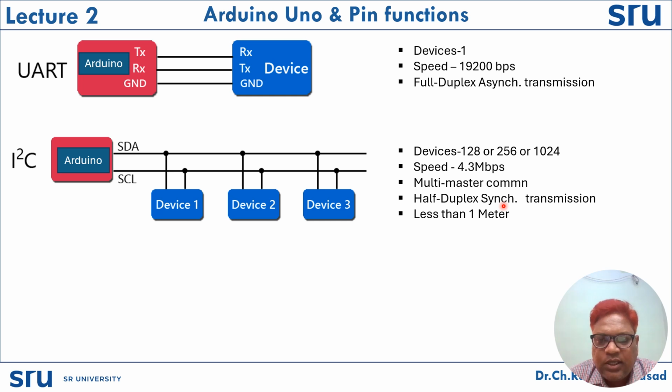Why do we call it synchronous serial communication? Because a clock is available, but in the case of UART there is no clock, so that is called an asynchronous data protocol. But here it is a synchronous data protocol, and the speed of operation is up to 4.3 megabits per second, with multi-master communication. Multi-master communication means now this Arduino is acting as a master.